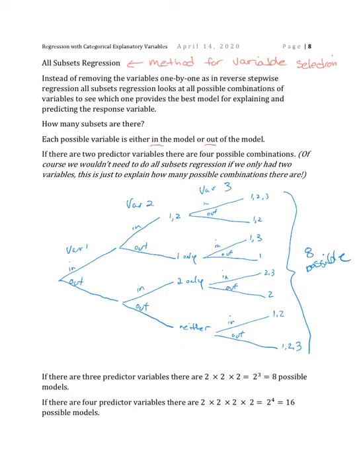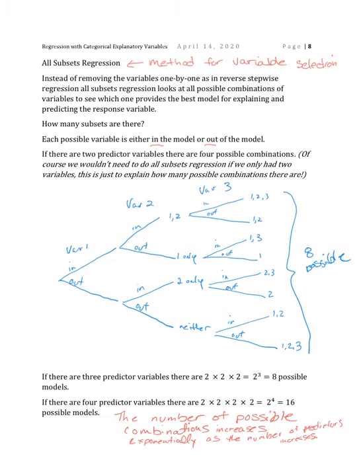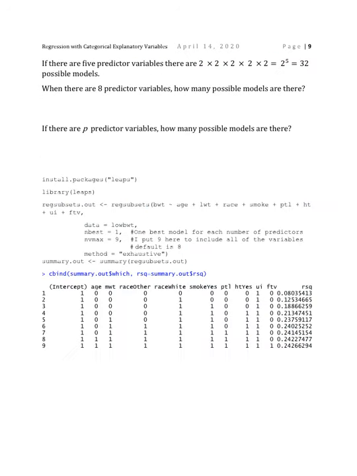If there are 4 predictor variables, we're going to have 2 times 2 times 2 times 2, or 2 to the fourth. So we can see that the number of possible combinations increases exponentially as the number of predictors increases. If there are 5 predictor variables, there's 2 to the fifth, or 32 possible combinations. If there are 8 predictor variables, how many possible models are there?